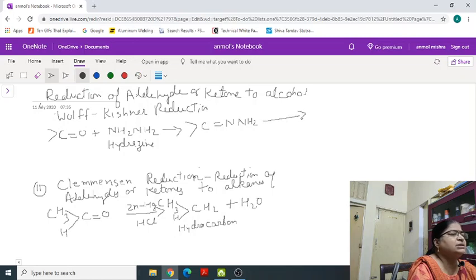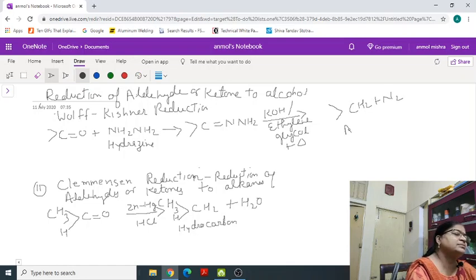Then this reaction, in the presence of KOH and ethylene glycol plus heat, forms an alkane of the same carbon atoms.